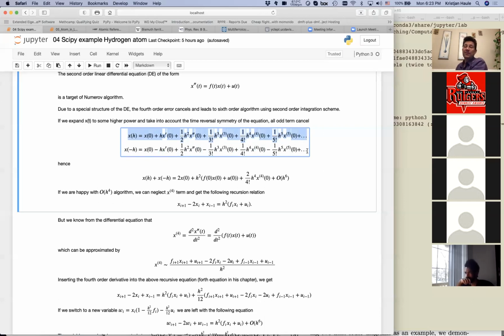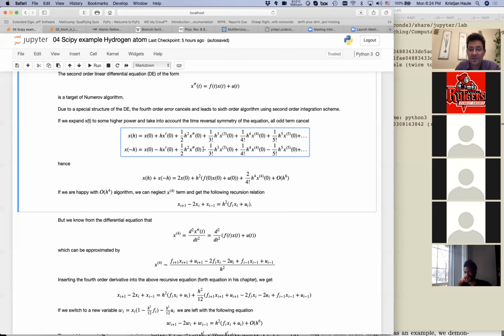we can also do the step backward in the minus direction. That can also be done. And then what happens? Well, h becomes minus h in all odd terms. H changes sign, therefore odd terms change sign.